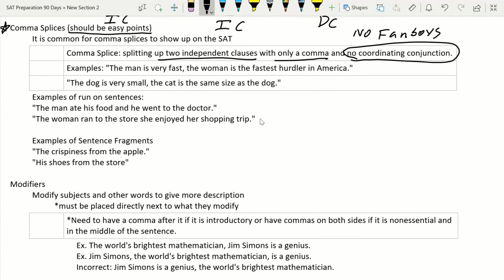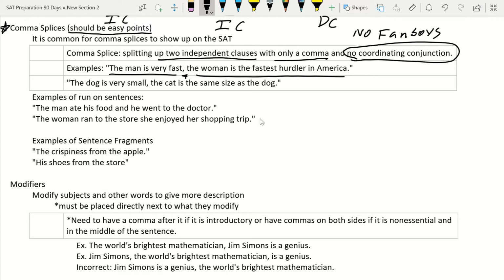So some examples. Keep in mind these are examples of comma splices, so these are not grammatically correct sentences. These would be errors, right? So the example would be, "The man is very fast, comma, the woman is the fastest hurdler in America." What's the problem? "The man is very fast" is one independent clause, and "the woman is the fastest hurdler in America" is another independent clause. They're connected by a comma with no coordinating conjunction, right?